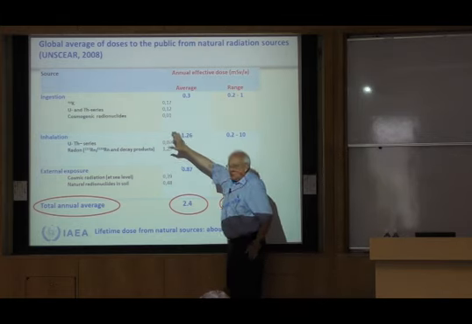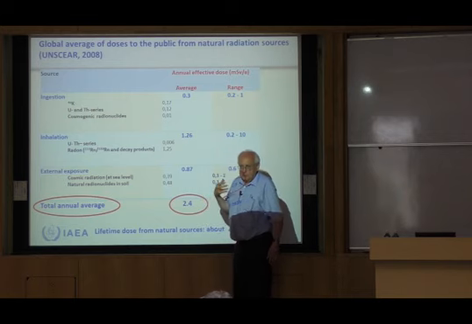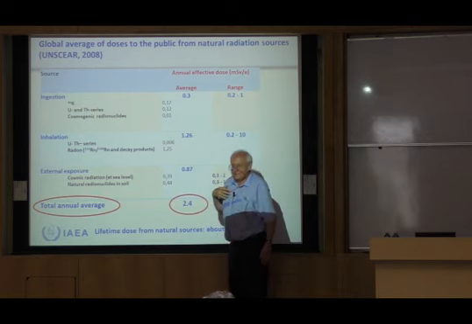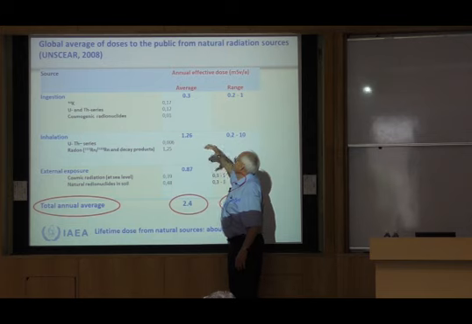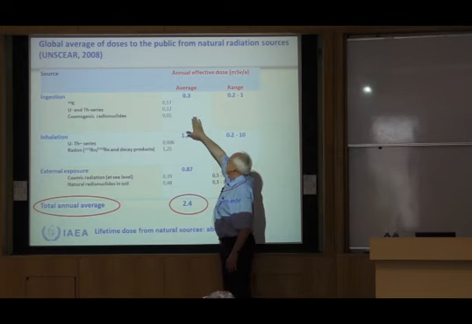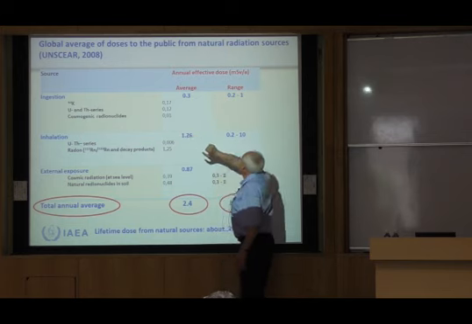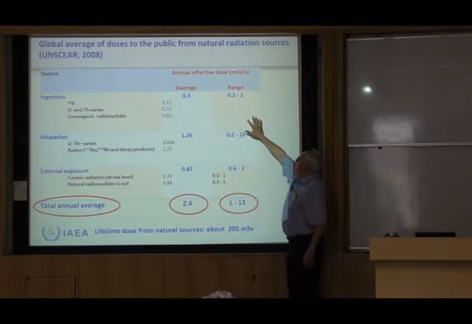Let me start with ingestion. This means the uptake of radionuclides with the food. We have here about 0.3 millisievert, but we have also a wide range of 0.2 to about 1 millisievert.